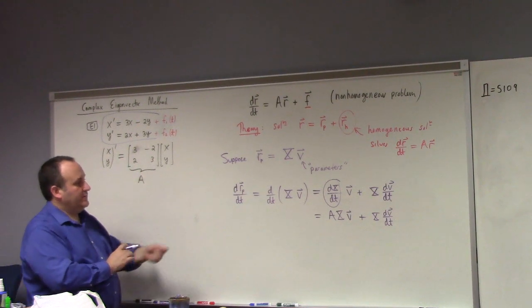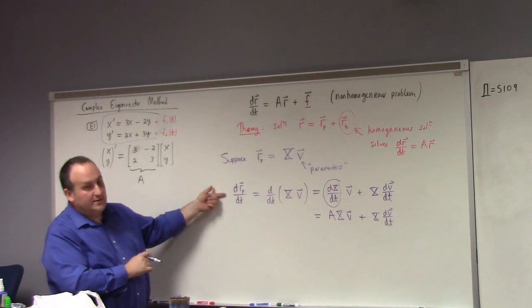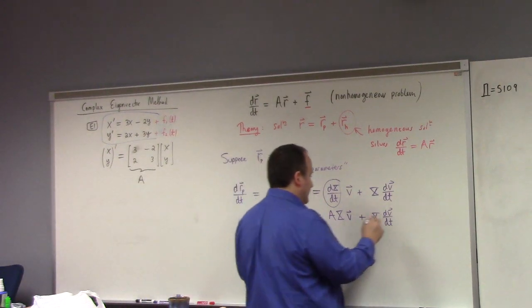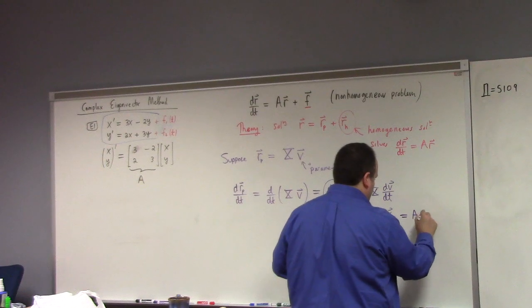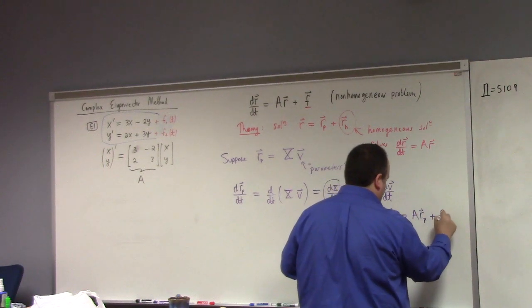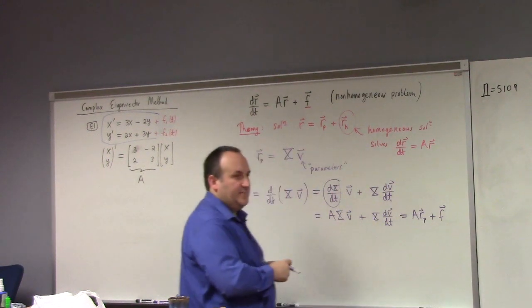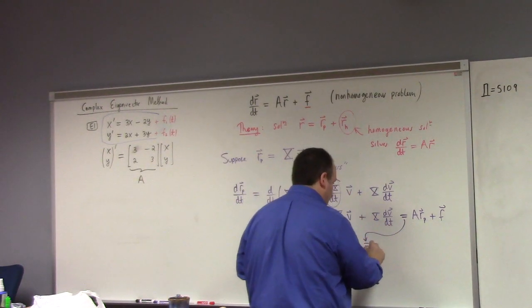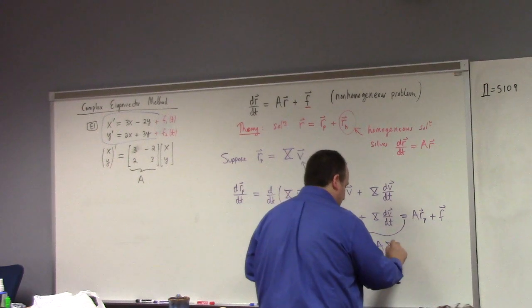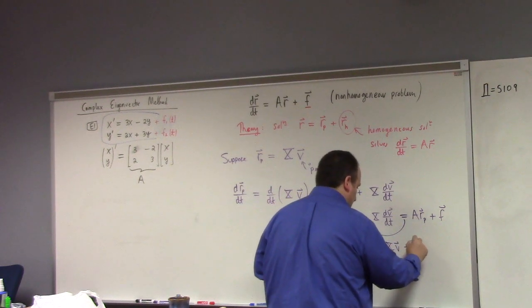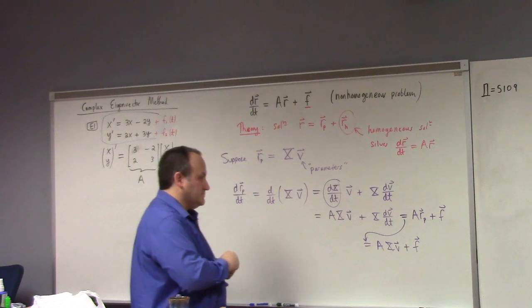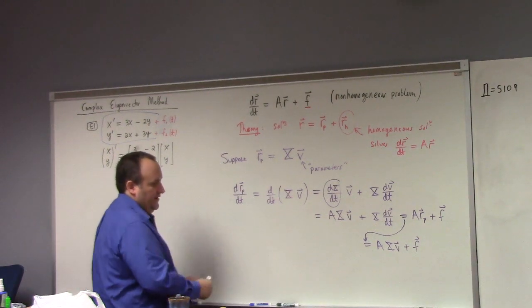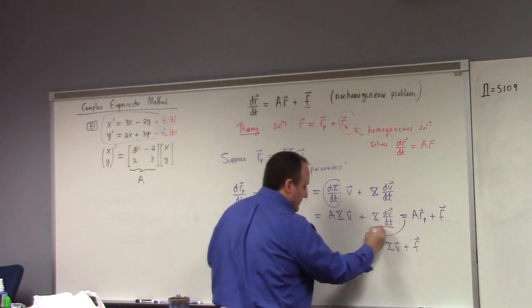But on the other hand, we're assuming that dr dt equals AR plus F, right? And so what is ARP plus F? Well, that's AX times V plus F. So let me point out, we've got this right here.